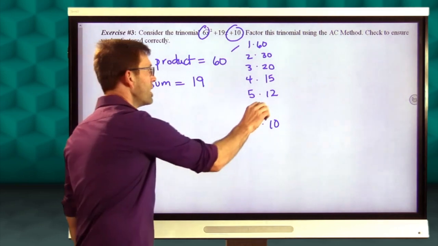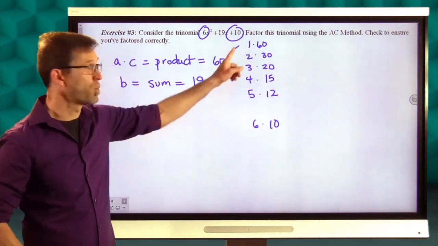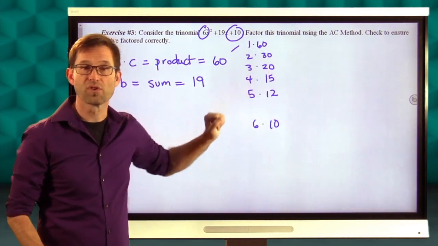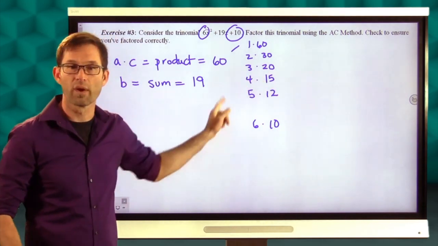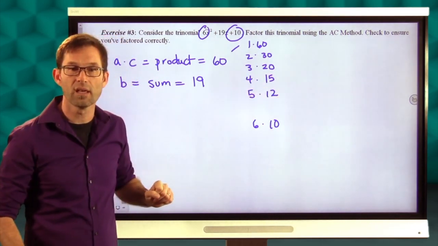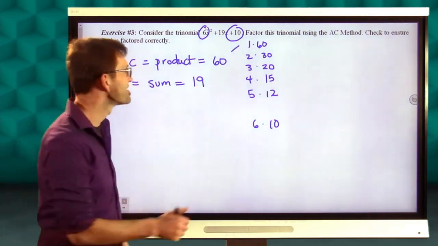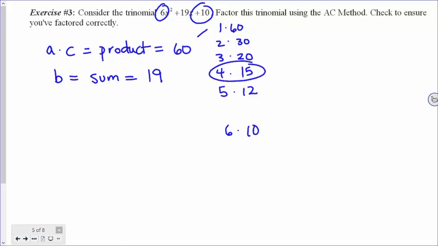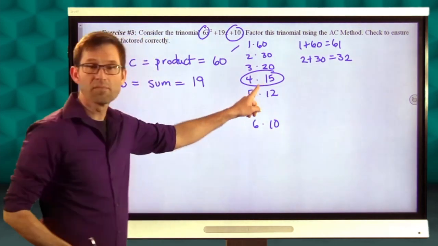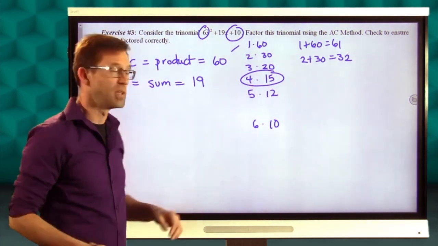Now, of course, 1 plus 60 is 61, 2 plus 30 is 32, 3 plus 20 is 23, 4 plus 15 is 19. There it is. And you can do that off to the side. But this is my winner. 4 plus 15 is 19.